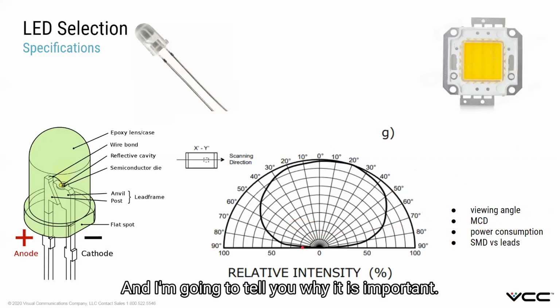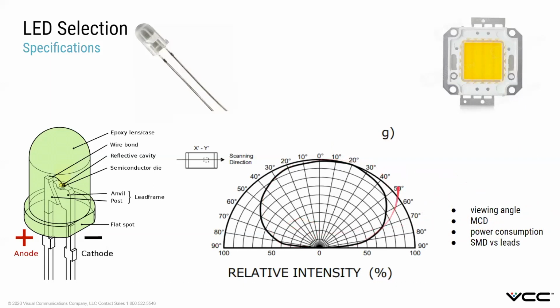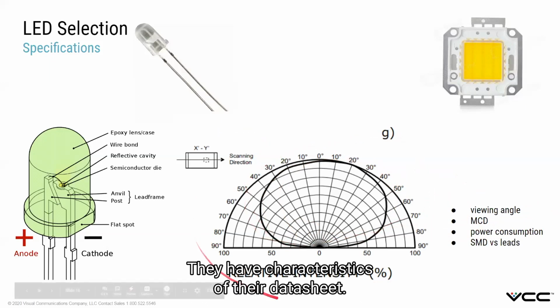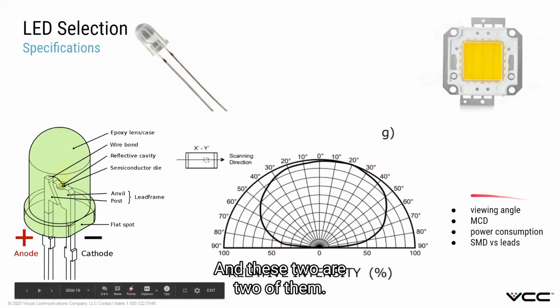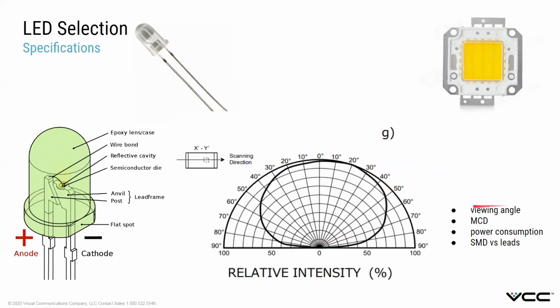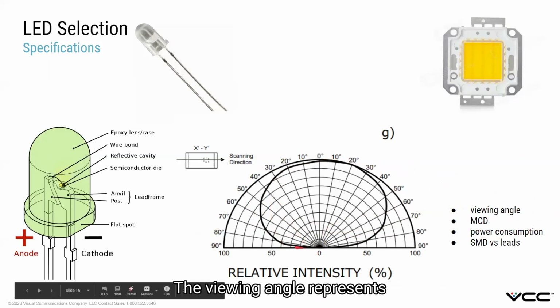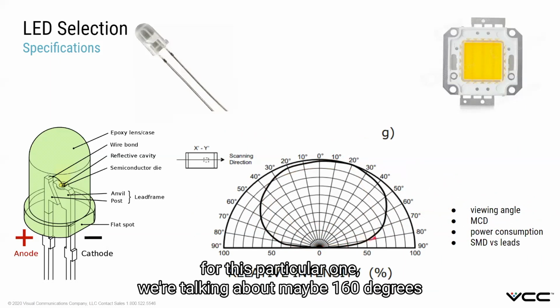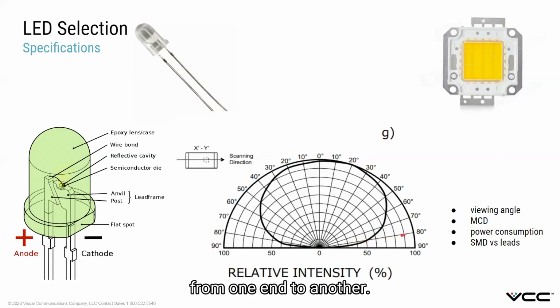I'm going to give you why it's important. All LEDs have characteristics in their data sheet, and these are just two of them. The viewing angle represents the light distribution in reference to the center. For this particular one, we are talking about maybe 160 degrees from one end to another.